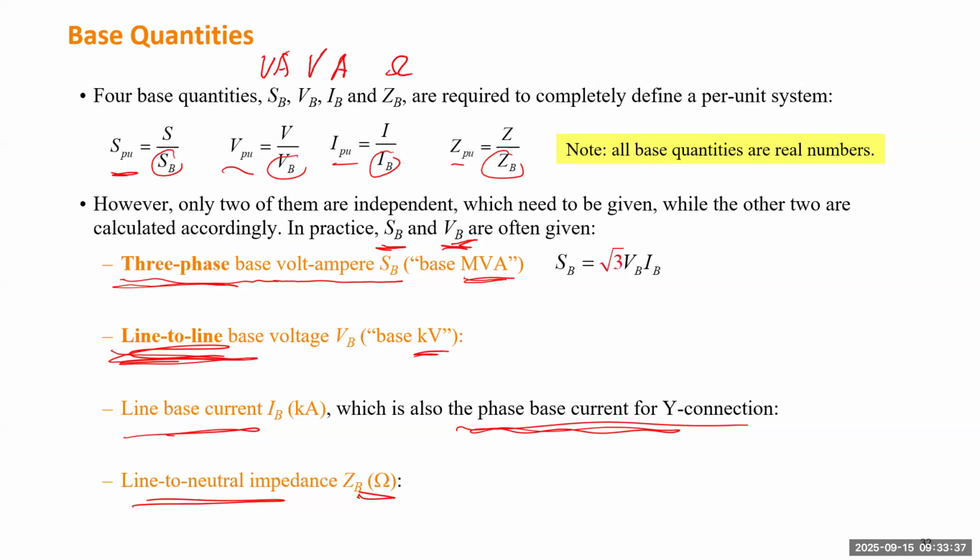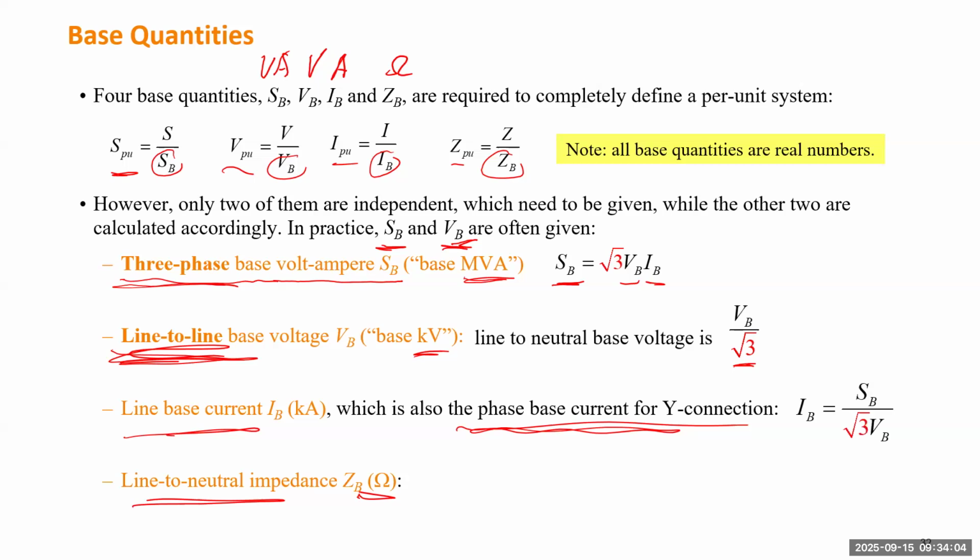All right, so we'll have some useful formulas. First, if we know the base for voltage and current, the power base will be the product multiplied by root of 3, because it's a three-phase system with line-to-line voltage and line current. Line-to-line voltage divided by root of 3 will give you the line-to-neutral voltage.